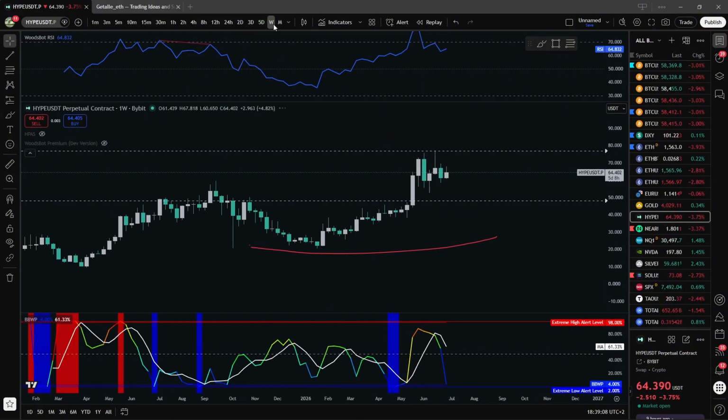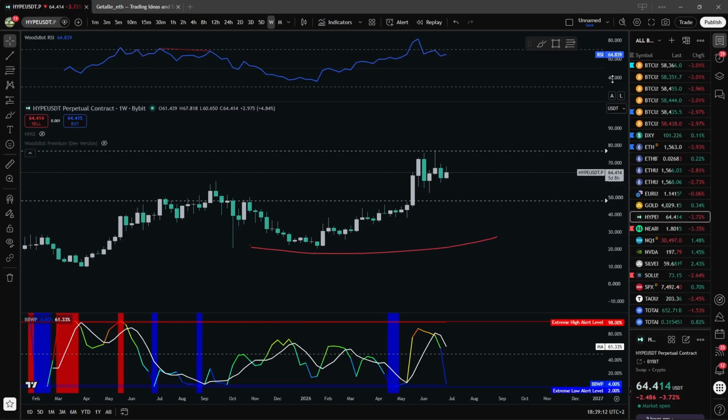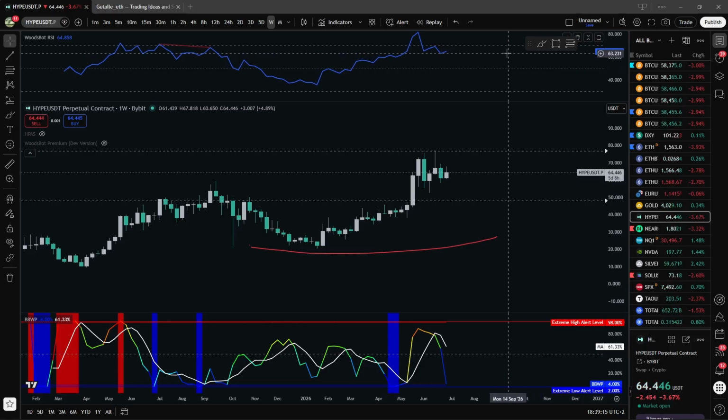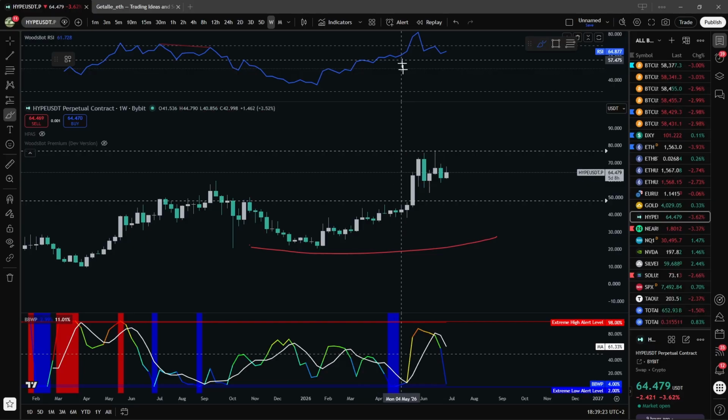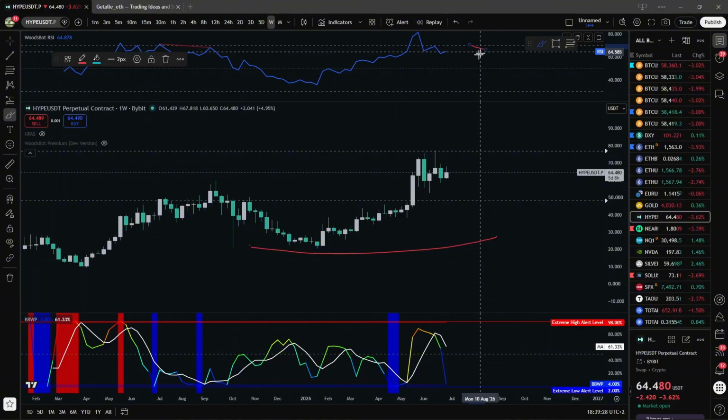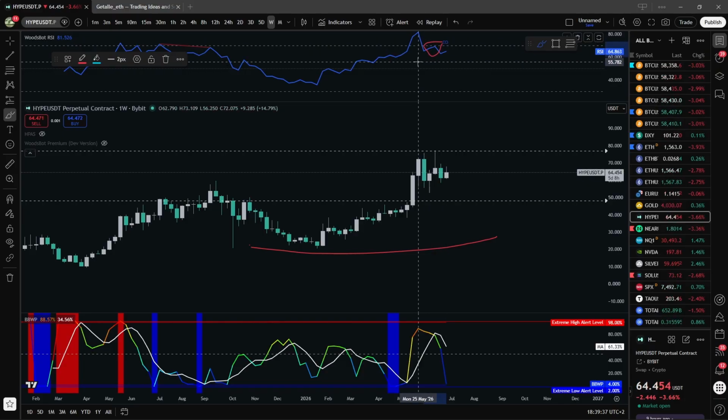Monthly momentum, not much to say, but weekly momentum looks fine. What I don't like about it is, as we discussed earlier, the 70 area is resistance for the RSI, and momentum quite clearly rejected off this 70 line.